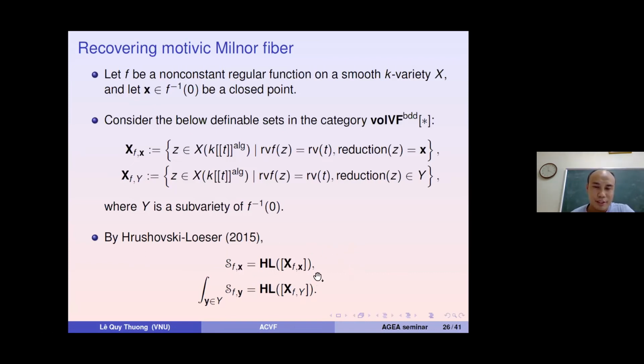This formula is very important because the left-hand side consists of motivic objects in classical motivic integration, and the right-hand side consists of objects in Hrushovski-Kazhdan motivic integration.